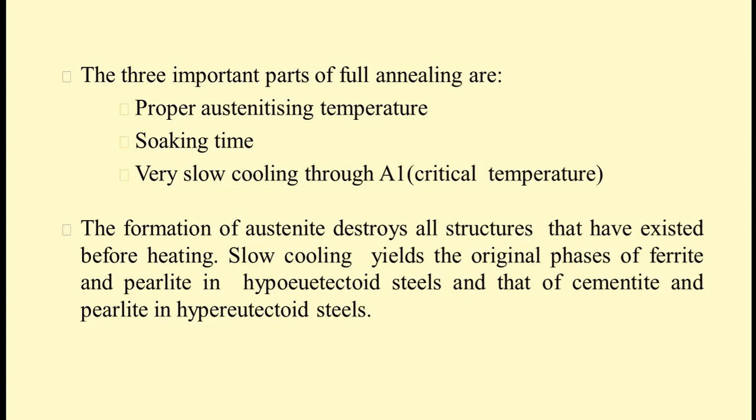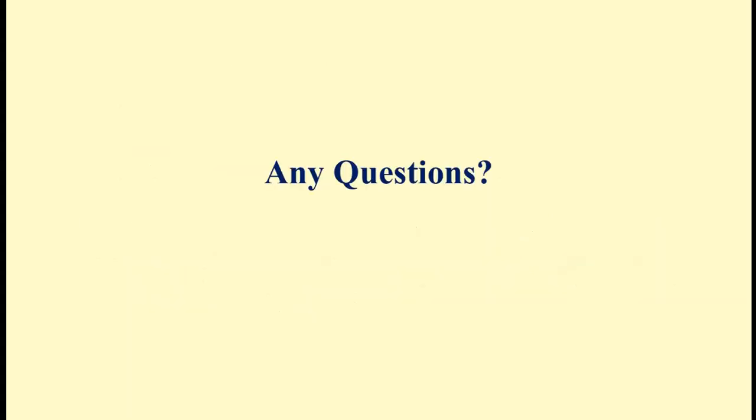Slow cooling yields the original phases of ferrite and pearlite in hypoeutectoid steel and cementite and pearlite in hypereutectoid steels. If you have any question, you can directly contact me and put it in the comment section.